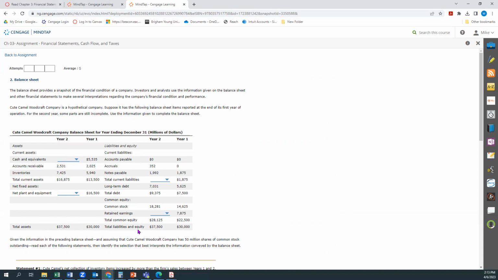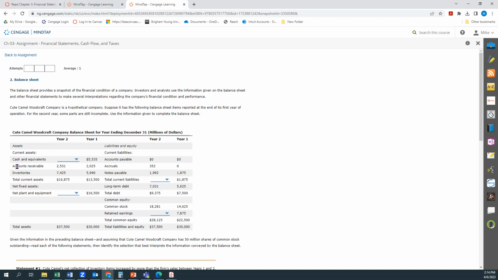And then the second is that our assets will be broken into two groups: current assets and fixed assets. Our current assets are things that are cash or easily converted to cash within the next year.